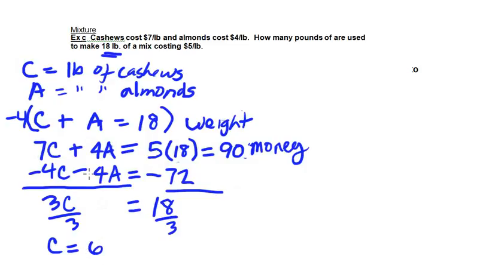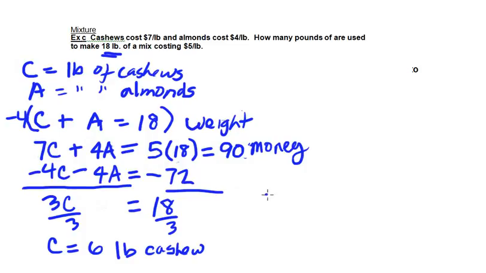And when we interpret that in terms of our assigned variables, this is going to be 6 pounds of cashews. Next, we want to find the pounds of almonds, and so we can solve for A by looking back at one of the original equations. So this one is simpler.